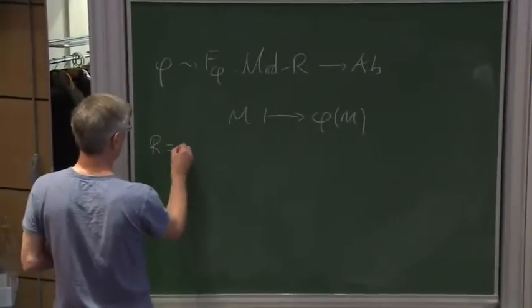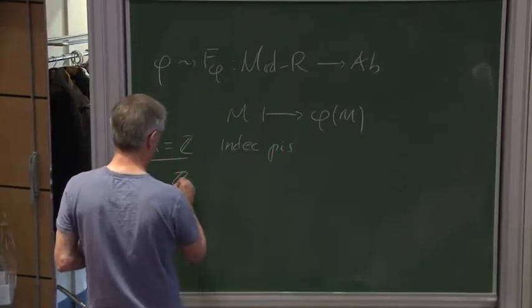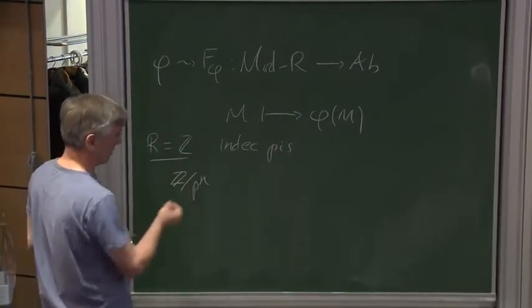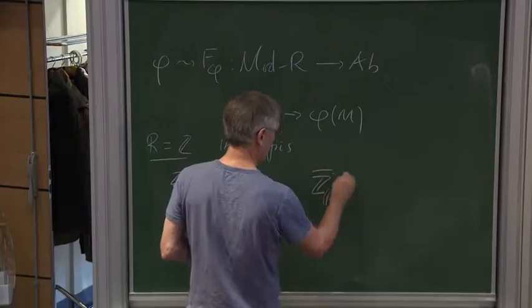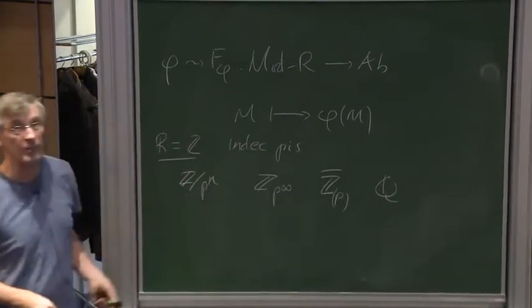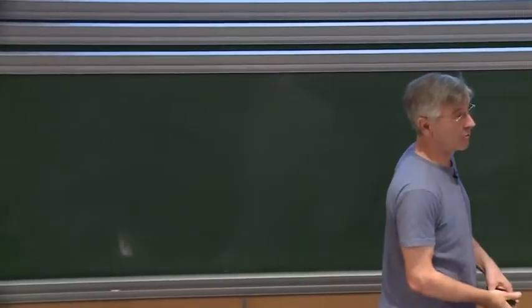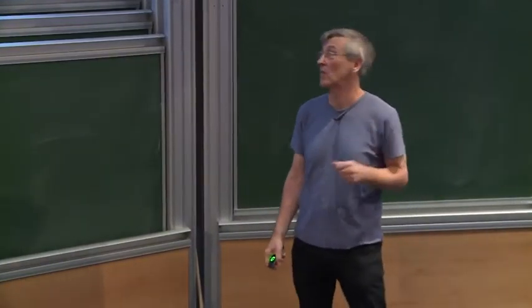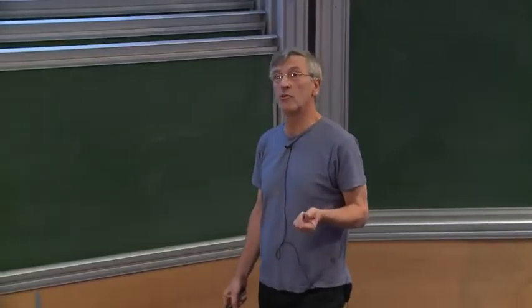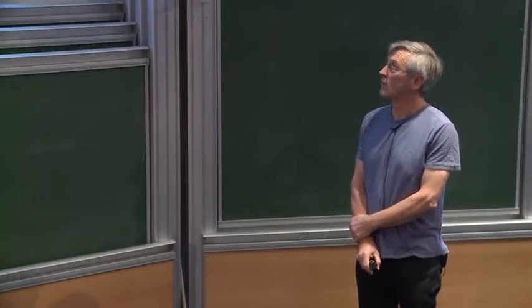Over Z, the indecomposable pure injectives are the integers mod p to the n, the Prüfer groups, the p-adic integers, and the rationals, for various p and n. In general, any module which has an underlying vector space structure and as such is finite dimensional is pure injective. Duals of modules are pure injective. Hom-duals of modules are pure injective. So they're quite common.